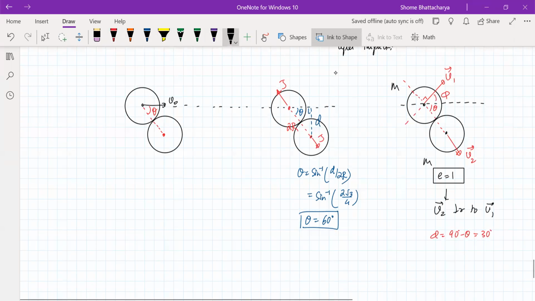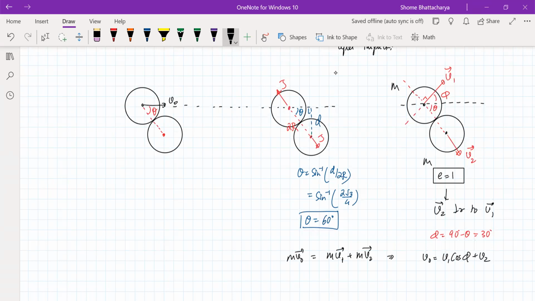So using this theorem, when we apply momentum conservation, we can see that this equation is reducing to V0 is equal to V1 cos phi plus V2 cos theta. So actually this we can say is our equation 2.